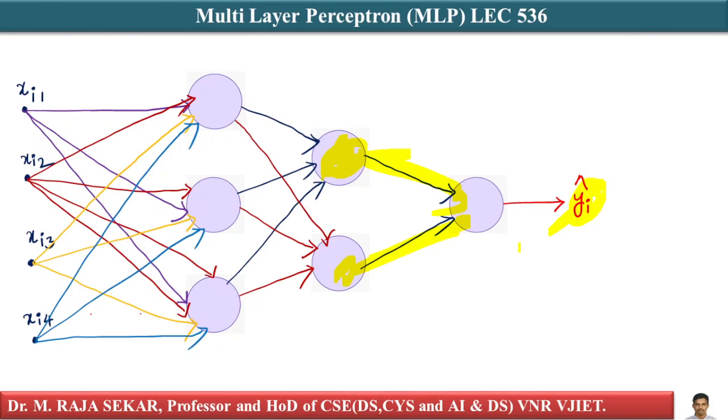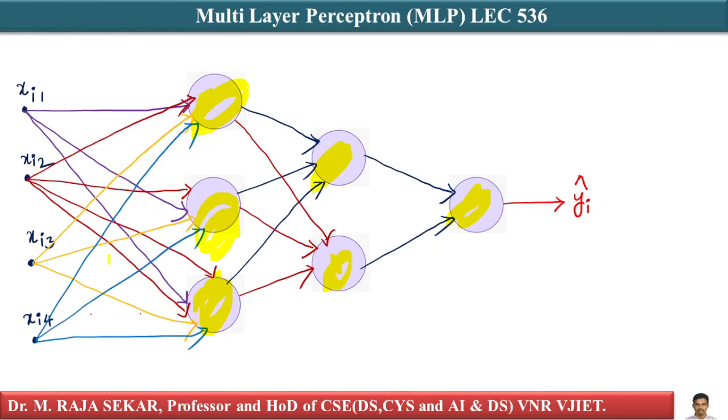So this is called a neural network, because we have a network of neurons. This is one neuron, this is another neuron, and we connected all these neurons. This is called a neural network.